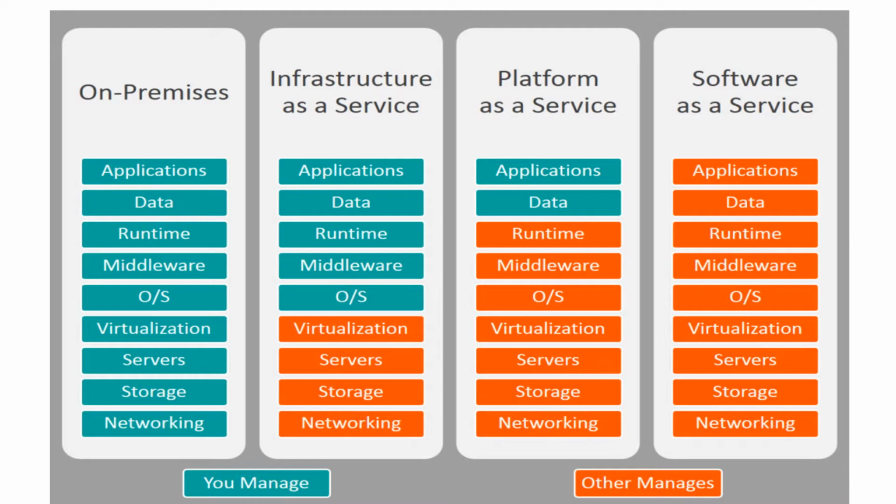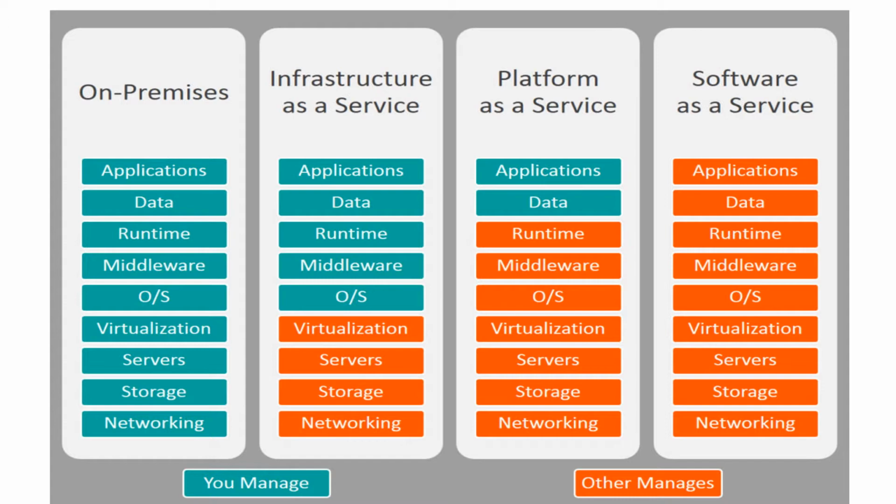In infrastructure as a service, the client manages the applications, data, runtime, middleware, and operating system. And what is managed by the service provider? The virtualization, the servers, the storage, and the networking.